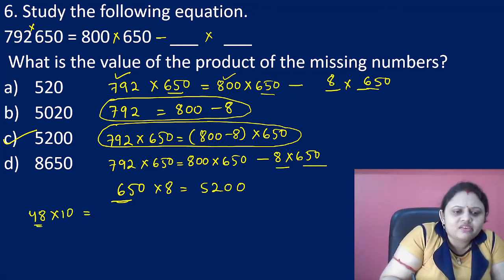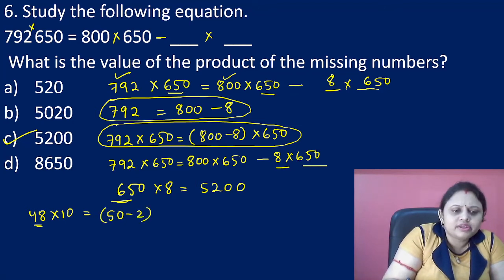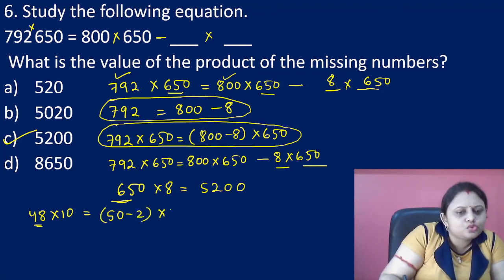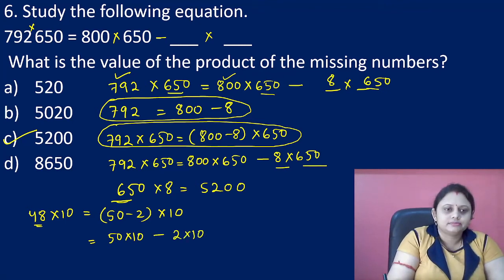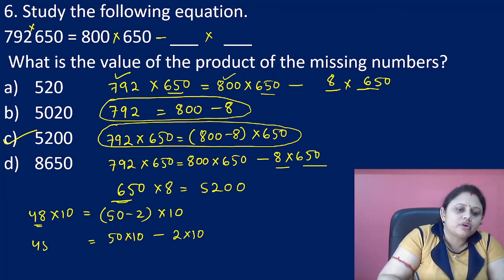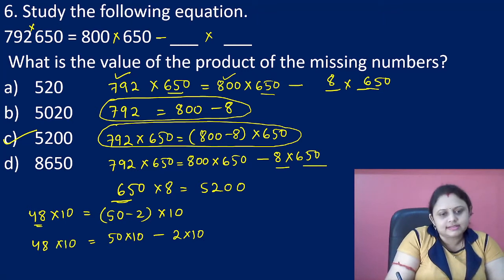We can write 48 as 50 minus 2, into 10. When we open the bracket, that is equal to 50 into 10 minus 2 into 10. We can write 48 into 10 like this.